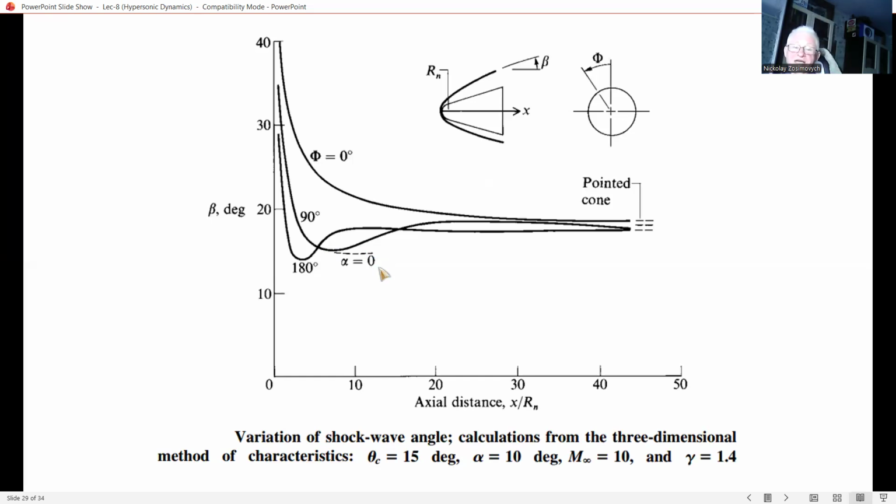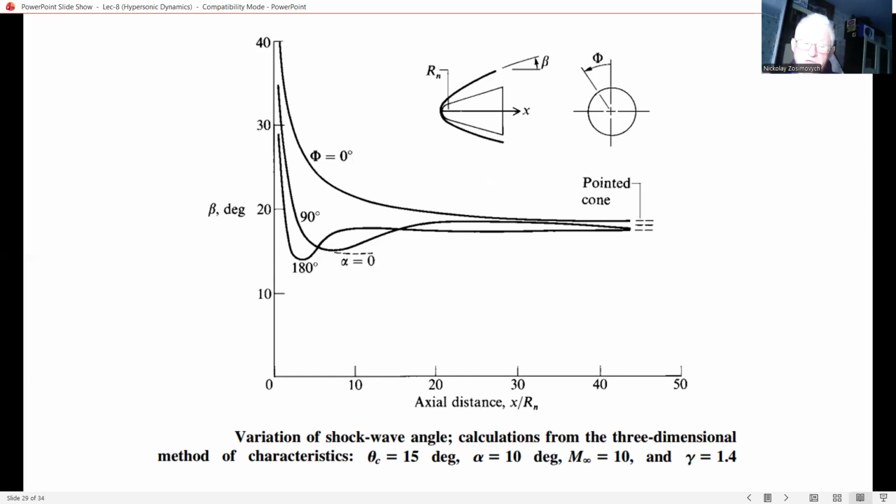For the angle of attack case, the method of characteristics results indicate a similar trend, except with the minimum beta occurring at different axial locations, as shown by the solid lines in this diagram.